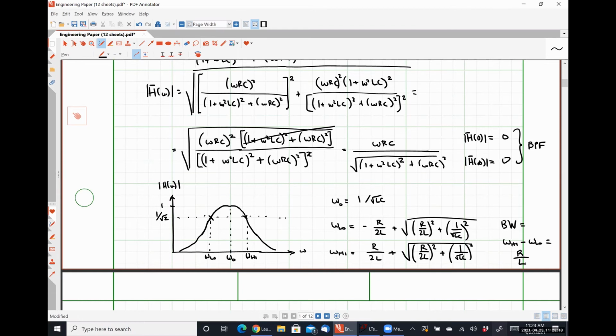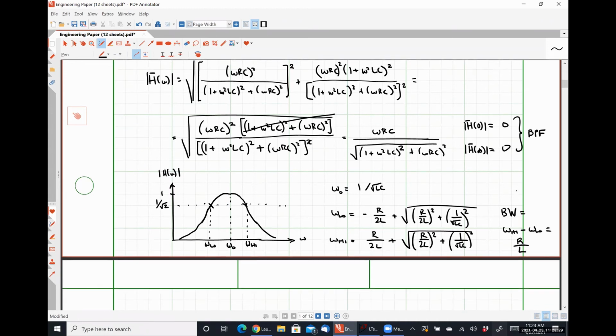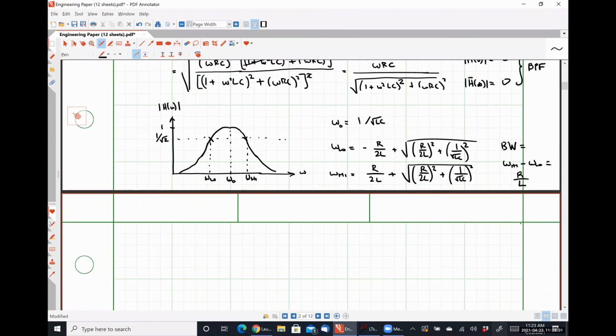All right, so we know what the frequency response is. We know what our resonant frequencies are, our low and high cutoff frequencies. The last thing we have then is our phase response.